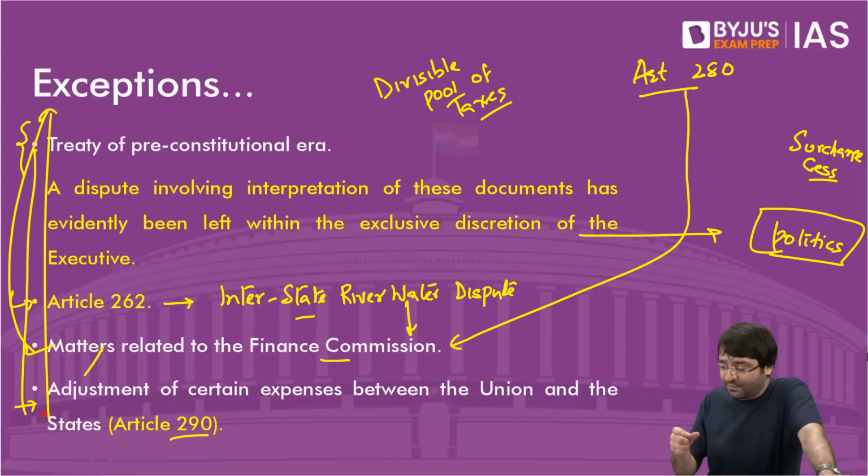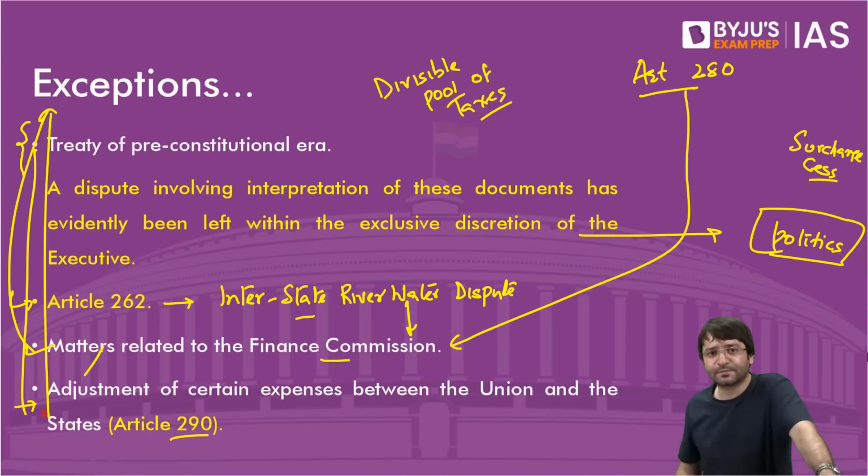Those cases which can be filed only and only in the Supreme Court, we say the Supreme Court has the exclusive jurisdiction on these cases. Federal cases, exclusive jurisdiction. Fundamental rights violation cases, original jurisdiction. Election disputes vis-a-vis president, vice president, exclusive jurisdiction.